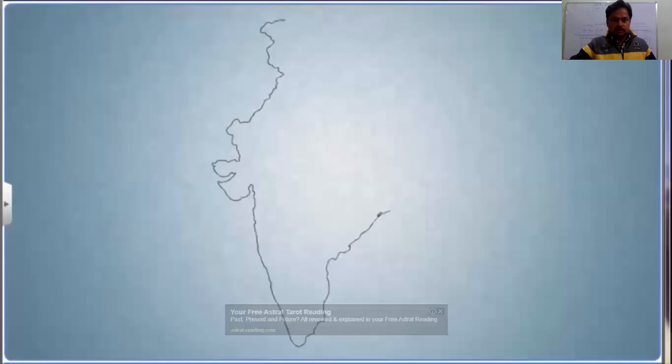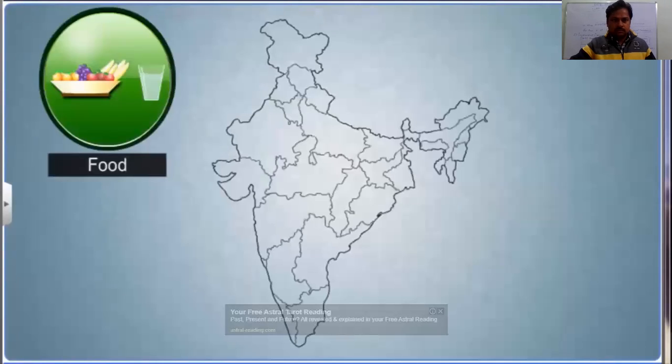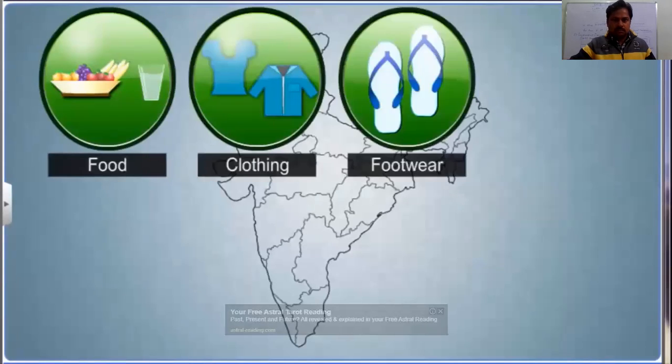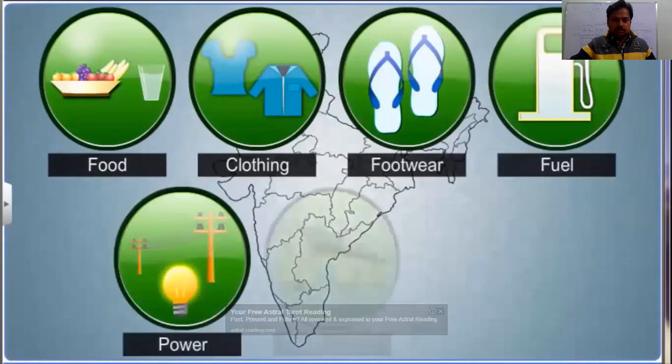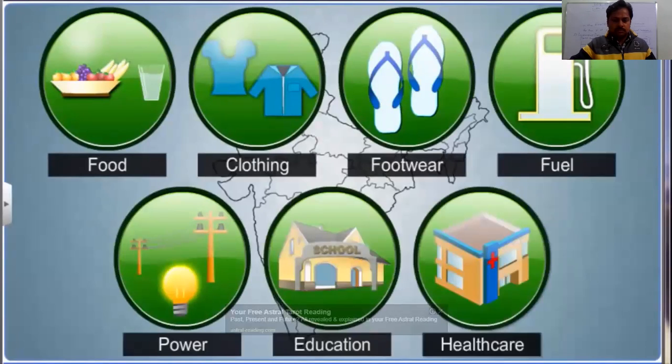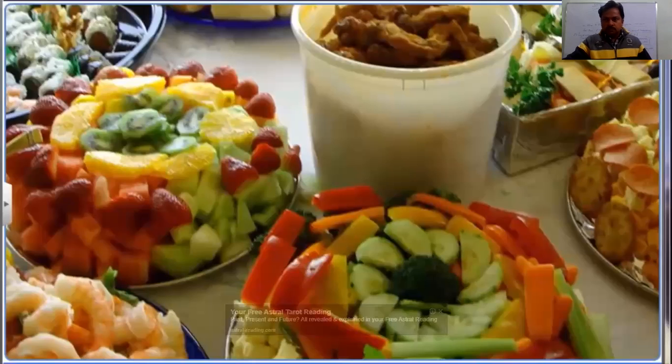In India, the determination of the poverty line takes into consideration the minimum requirements of food, clothing, footwear, fuel, power, education, and healthcare for the subsistence of an individual. Food consists of many different types of items.